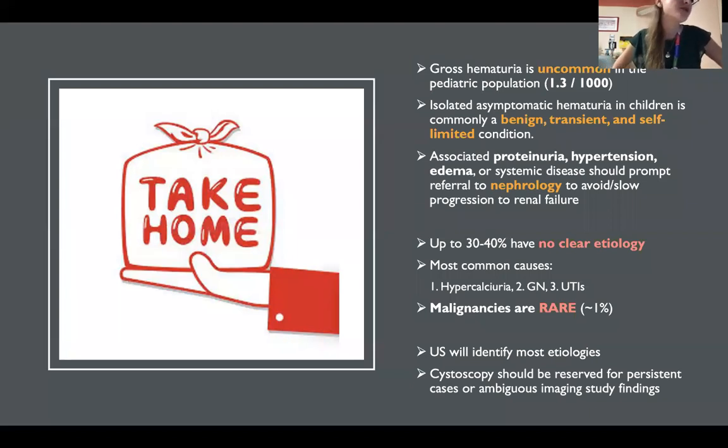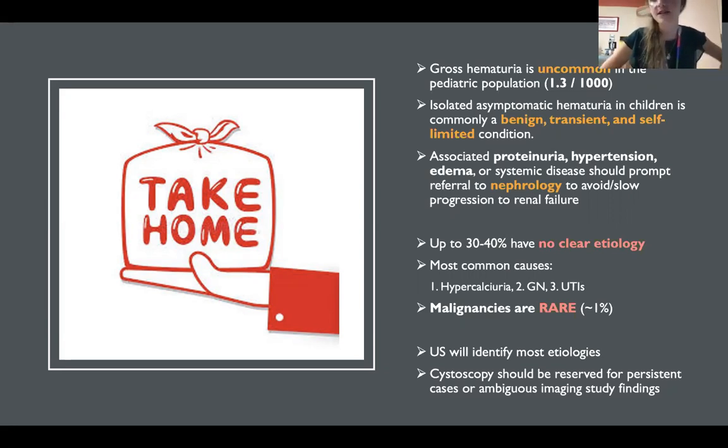Most of the literature reports that around 30 to 40% will have no clear etiology. The most common causes for gross hematuria in children are hypercalciuria, number one, followed closely by glomerular nephritis and UTIs. So they are mostly nephrological causes.